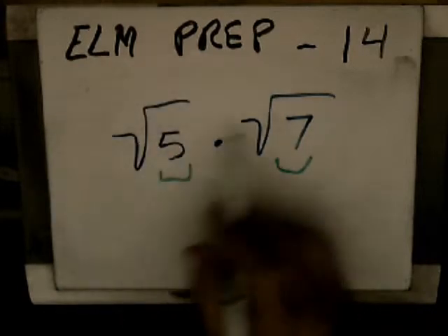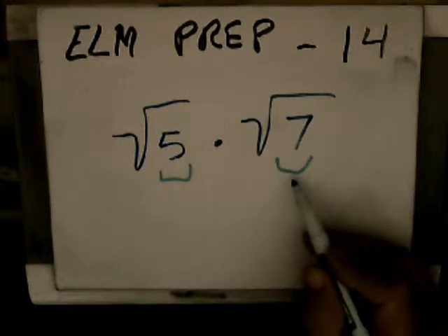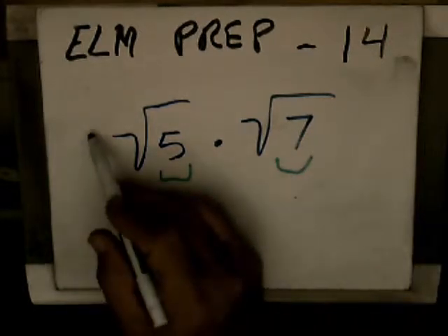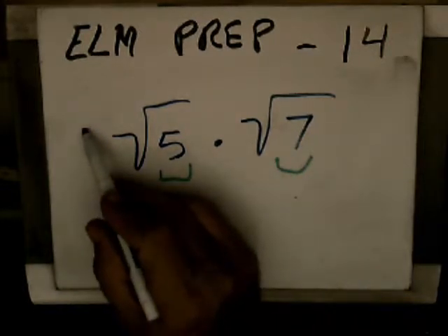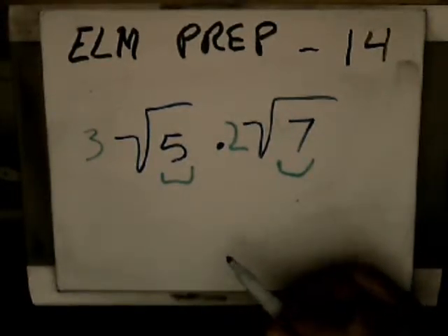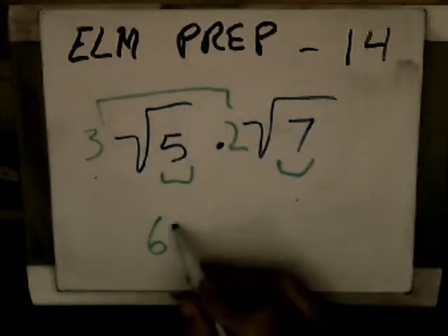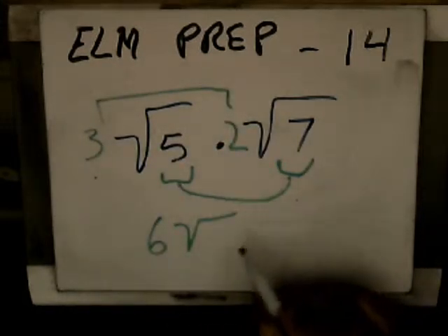They both have to be square roots or cube roots or whatever root it is. But the insides do not have to be the same. The outsides do not have to be the same, because when I multiply radicals, I multiply the outsides times the outsides and the inside times the inside.